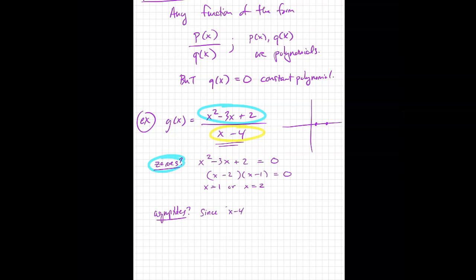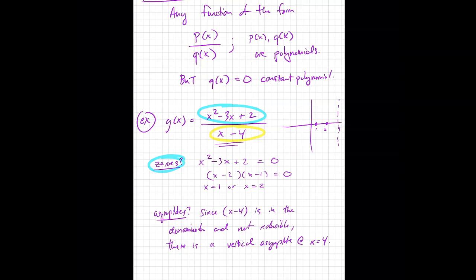Since x minus 4 is in the denominator, and not reducible, there is a vertical asymptote at x equals 4. So what does that mean? Well, if this is 1 and this is 2 and this is 4, the function is going off to infinity here at this point.